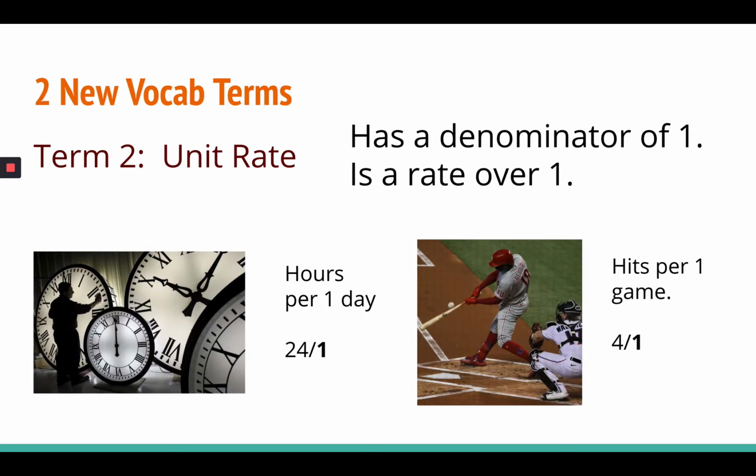If you're a baseball player and I ask you how many hits you have this season, or how many hits you have in 12 games, that's not a unit rate. But if I say how many hits do you have per game in one game, and you had a 4-hit game, you could say 4 over 1. But a unit rate must be over 1.